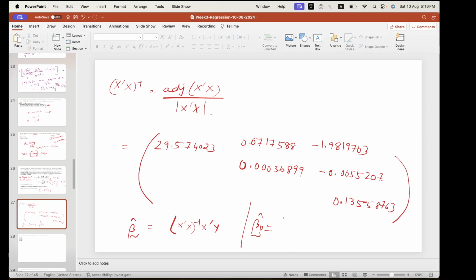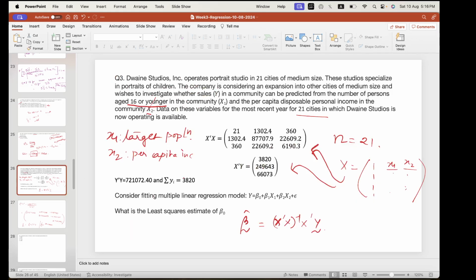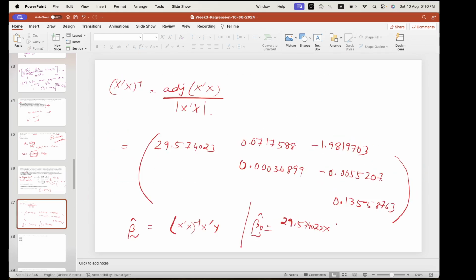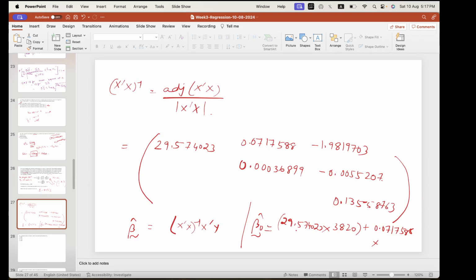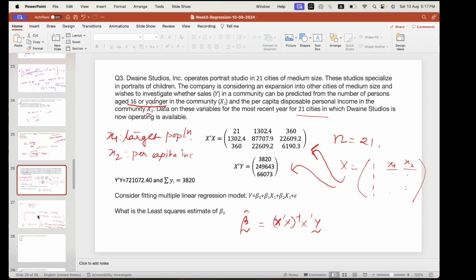So it would be 29.574023 into x prime y was how much? 3820 plus 0.0717588 into this value 249643 plus minus 1.9819703 into this thing 66073.